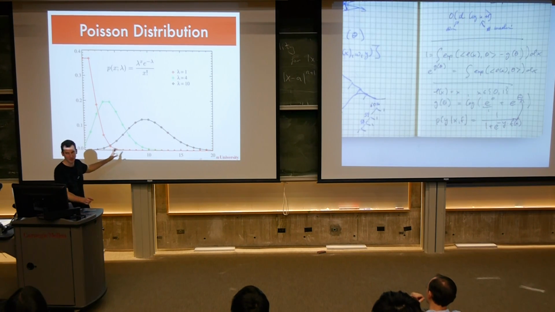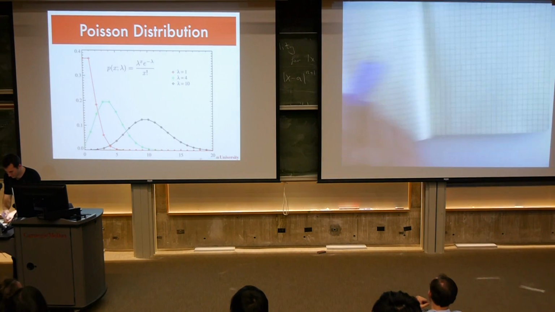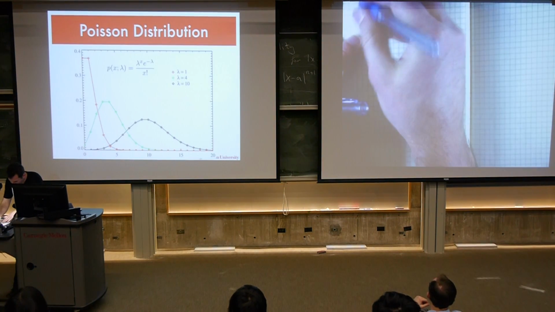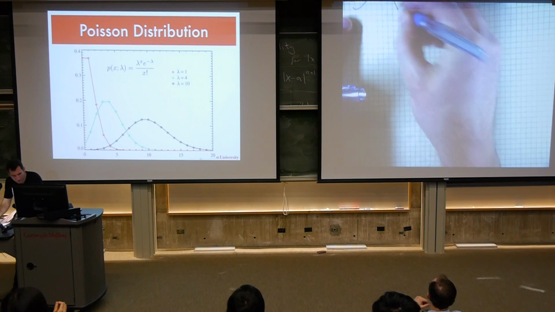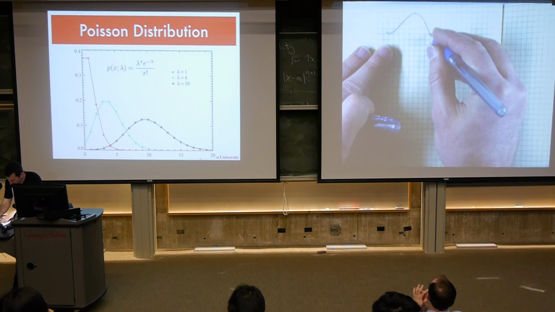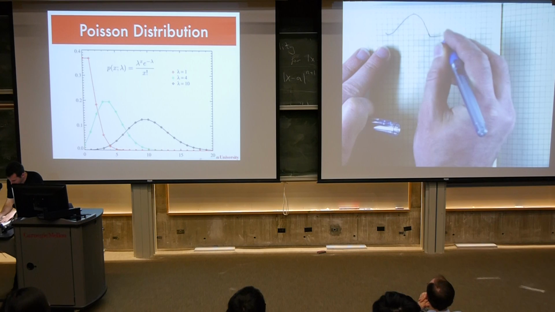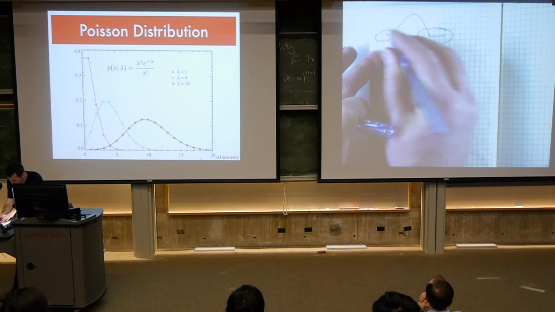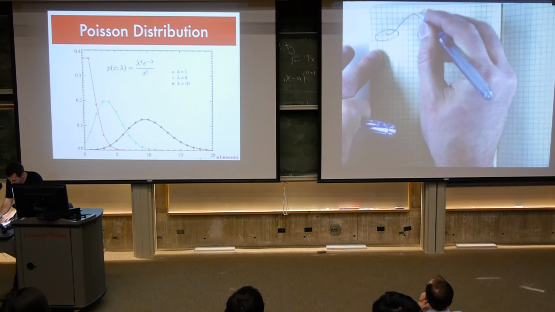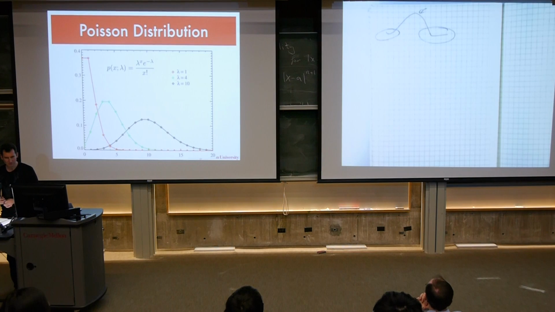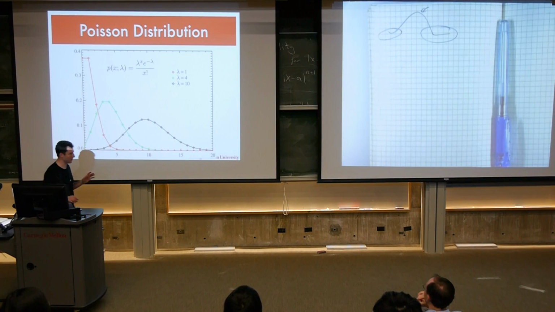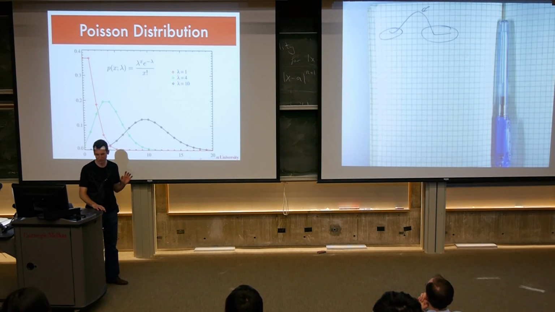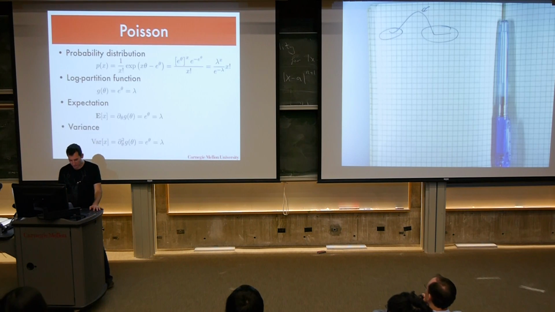Basically, Poisson approximates the outward tail. All right, so if this is my binomial distribution, then Poisson focuses on this part here, and Gauss focuses on this part. That's very roughly what's going on.